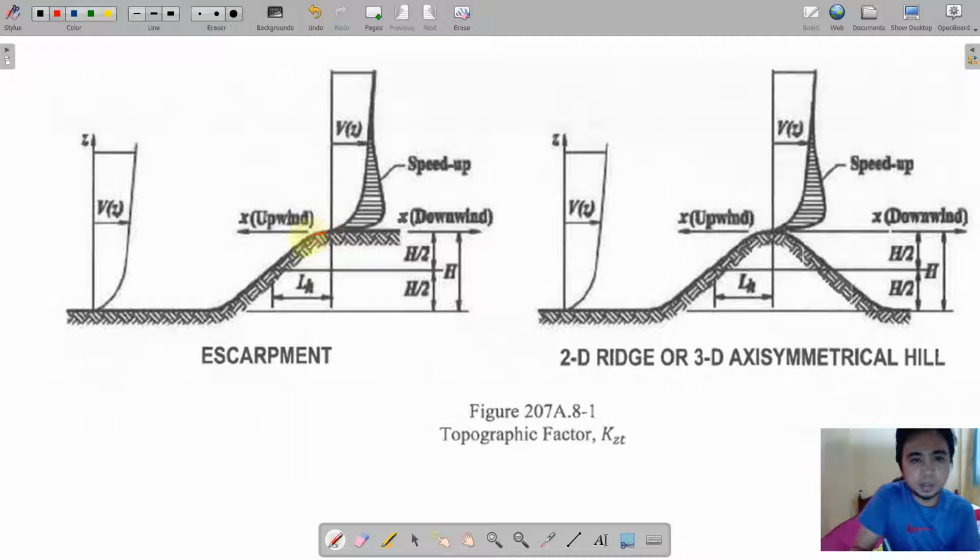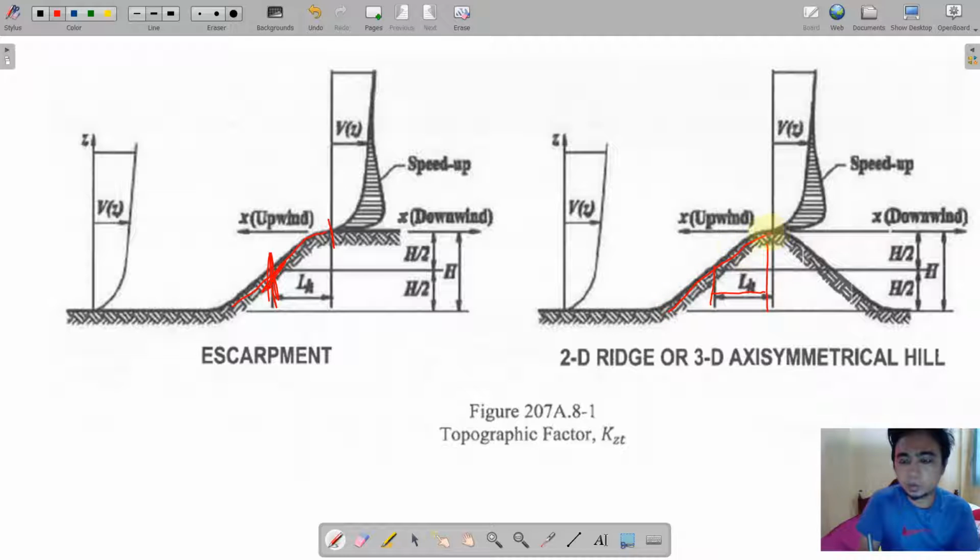If we have a sloping ground here, just get the half of it, that is LH. Similarly, if we have a slope on both ends of a hill, okay, so this is a 2D ridge or a 3D axisymmetrical hill, meaning both sides are symmetrical, then we will have a common value for LH.